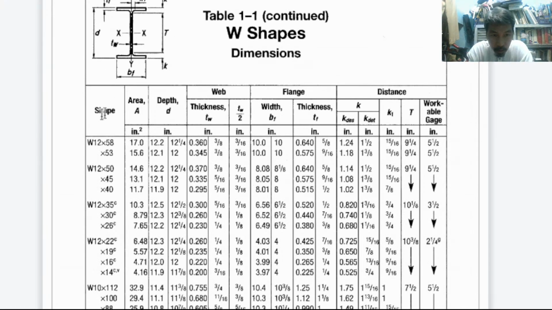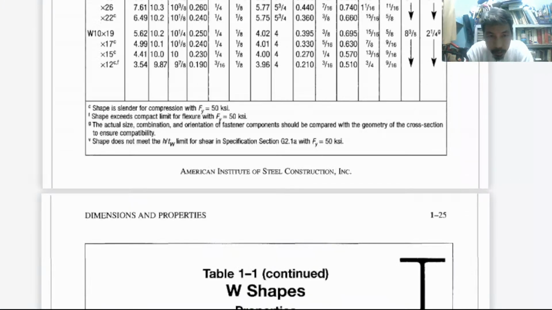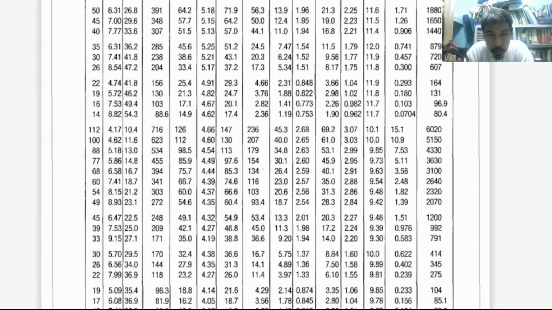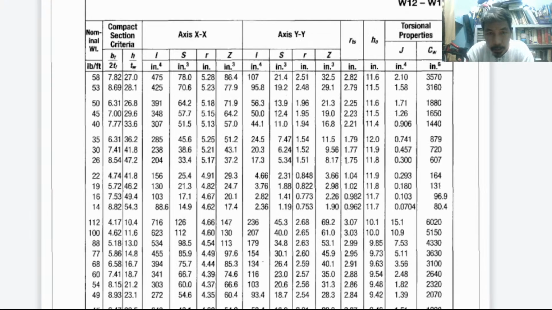The first column is the shape. The second one is the area, then depth. So where is the R? The R is on the other side. So we have Ry, Rx. Here, this is the Rx, this is the Ry. This is 22, that is our 10 by 22.